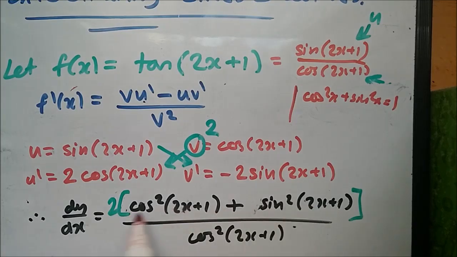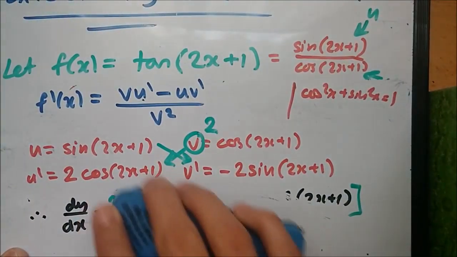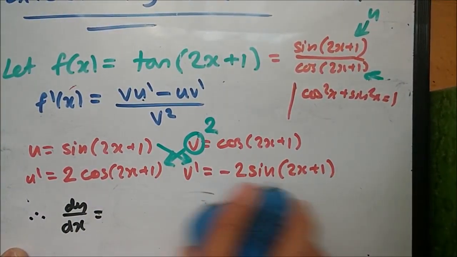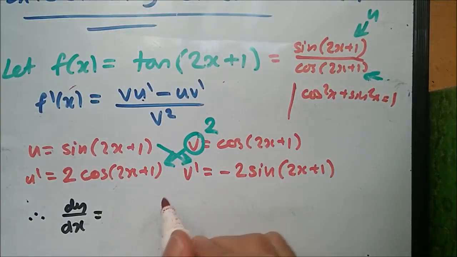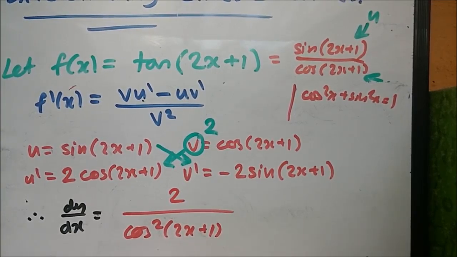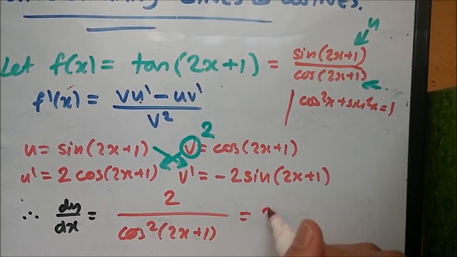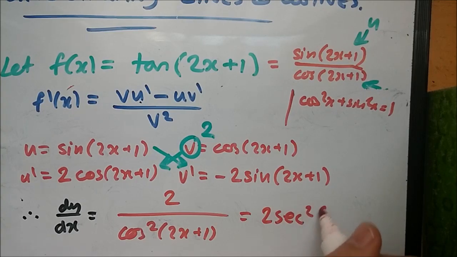So this would just be 2 times 1 over cos squared, which is simply 2 over cos squared of 2x plus 1. Another thing we should know from C3 is that 1 over cos is sec. So this is 2 sec squared of 2x plus 1, where sec is 1 over cos.